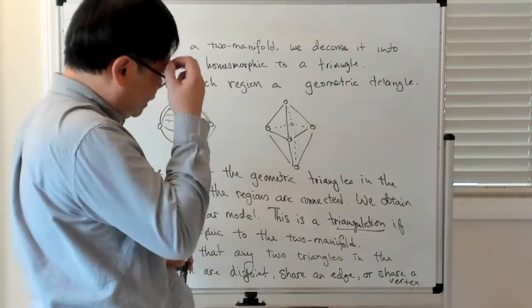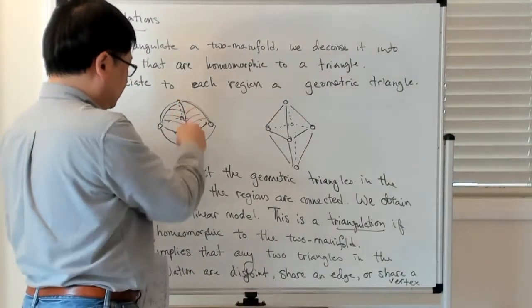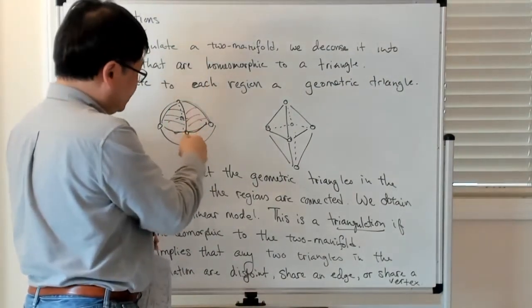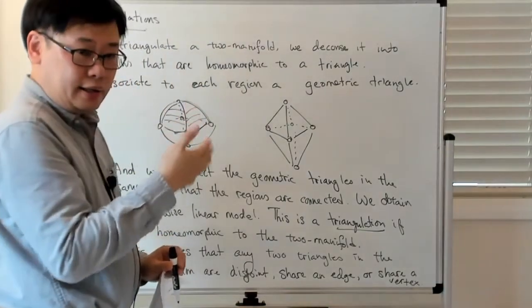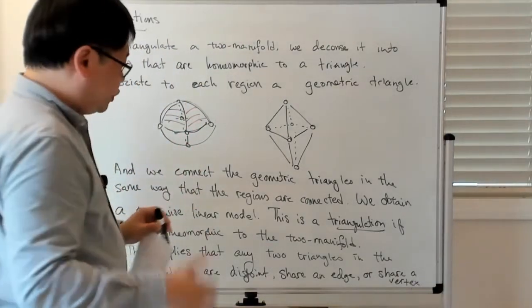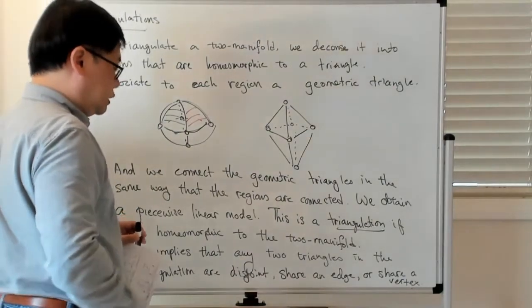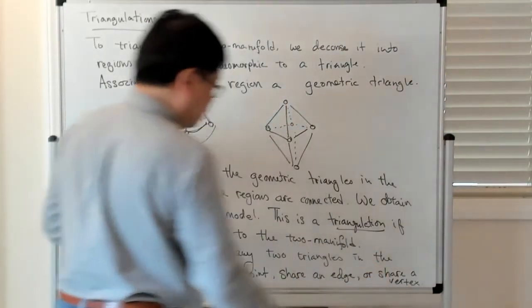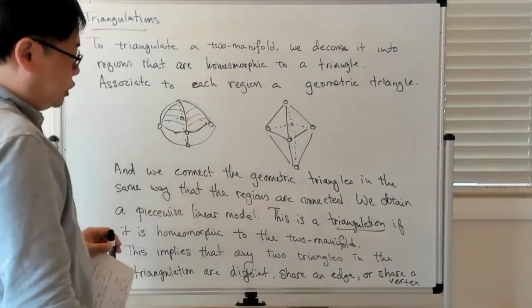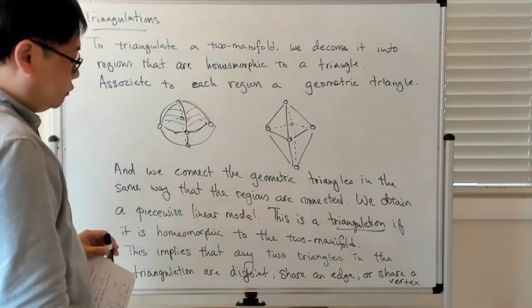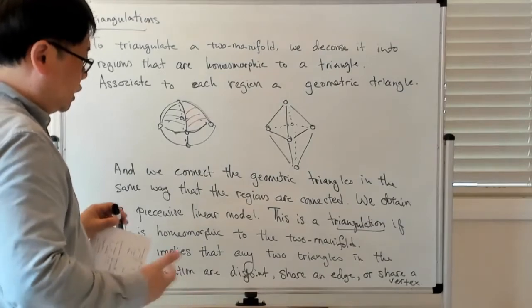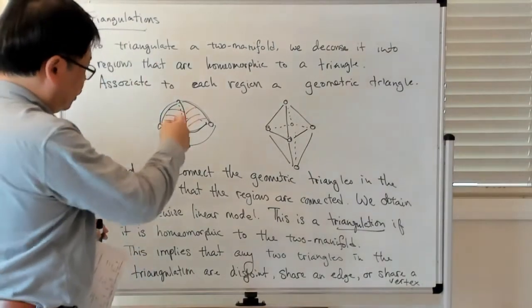With the understanding that if they share an edge, they also share two vertices, but we only look at the highest dimensional thing they share. So it's not possible to share two vertices without also sharing an edge.